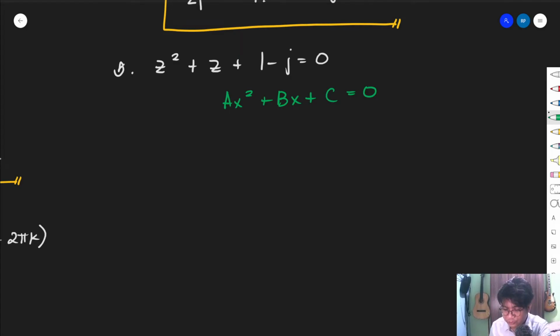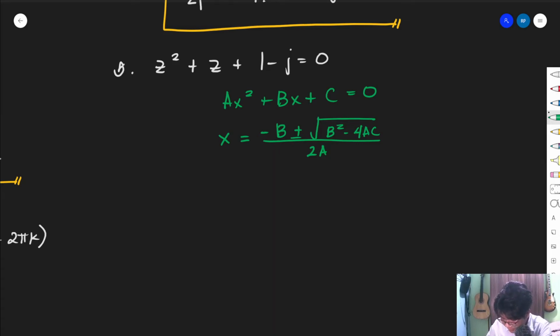And to solve this, meron tayong different ways, but the general way to solve this is using the quadratic formula, which is negative b plus minus square root of b squared minus 4ac over 2a. So, ganito din, no? Ito din yung gagamitin natin na values, or rather formula to solve for our complex problem, no? So, yung z squared plus z plus 1 minus j is equal to 0.